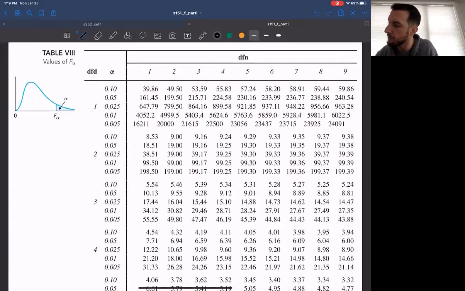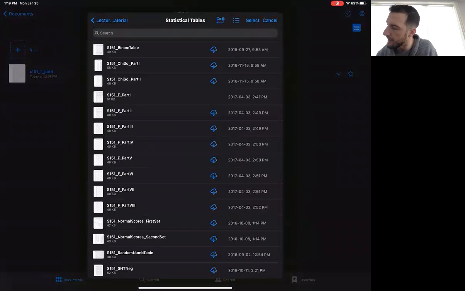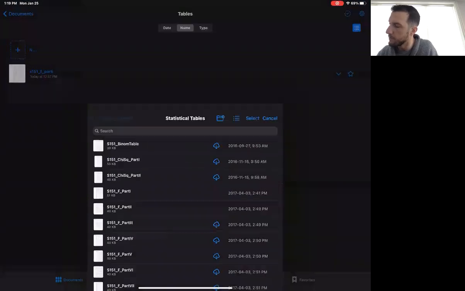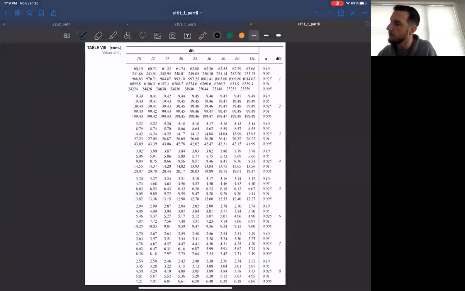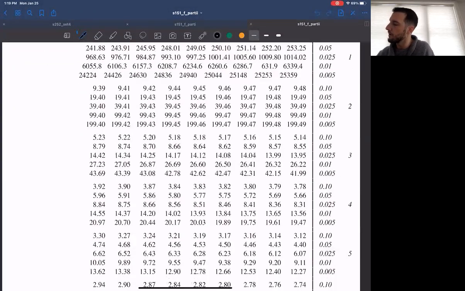So for example, if we load page 2 of the F table, you can see now we have DFs in the numerator 10, 12, 15, 20, 24, 30, 40, 60, 120. And then we have DF in the denominator, so DF2, 1, 2, 3, 4, up to 8.